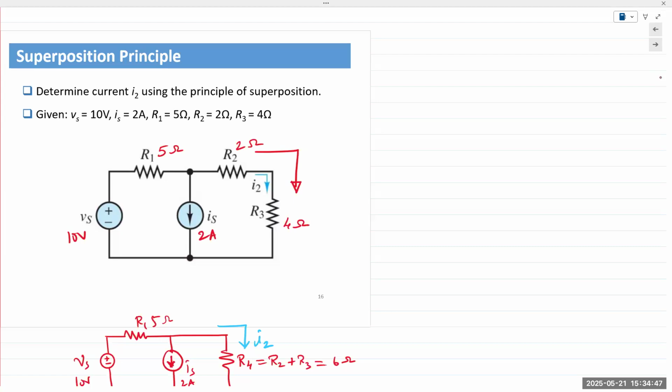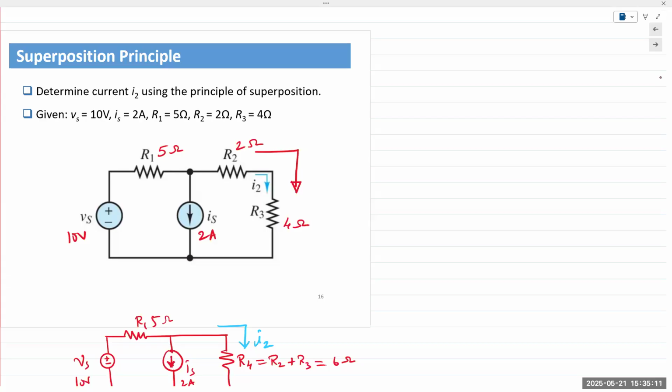If you have 3 sources, you have to analyze for each quantity 3 times, and 4 times, 5 times. So as the number of sources keeps on increasing, the time you spend in analyzing the circuit for every single quantity keeps on increasing. Okay, so it's highly inefficient.